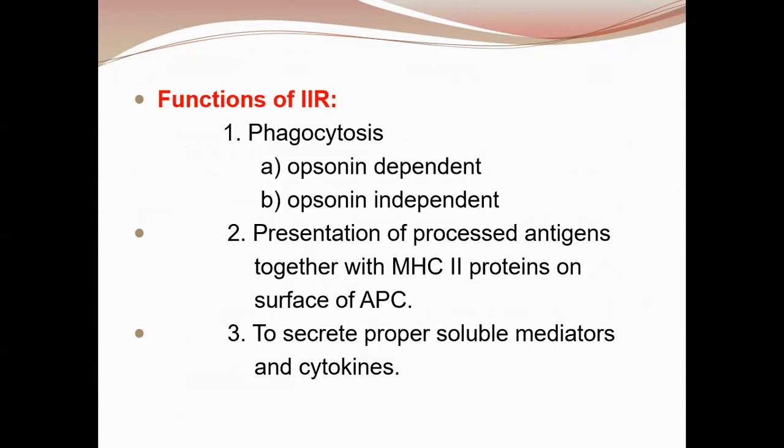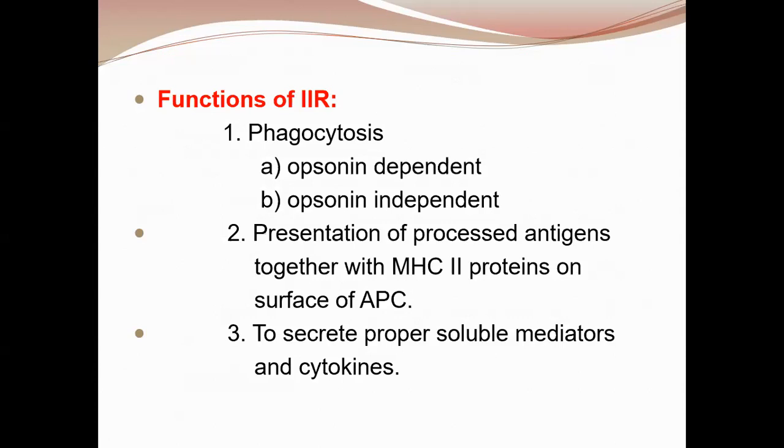Apart from that, number two, the presentation of processed antigens together with major histocompatibility proteins 2 on the surface of antigen presenting cell, which is also called the accessory cell.